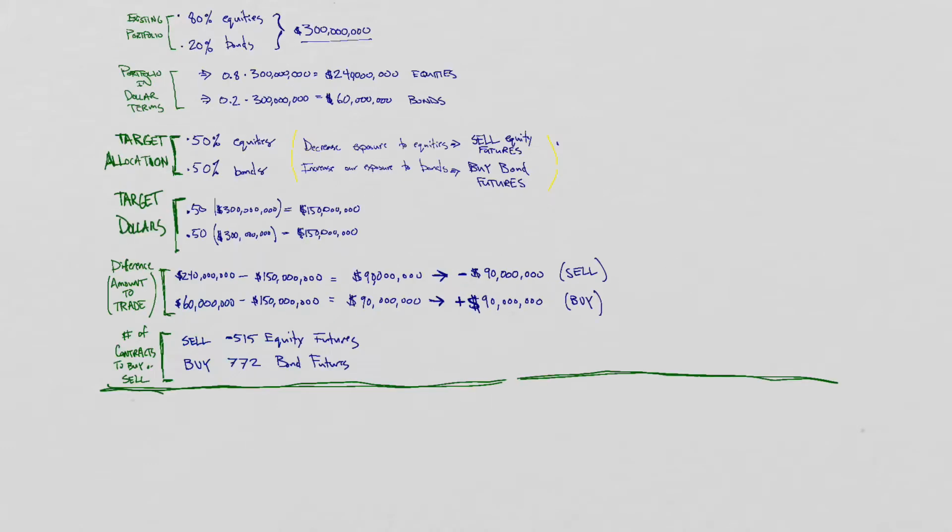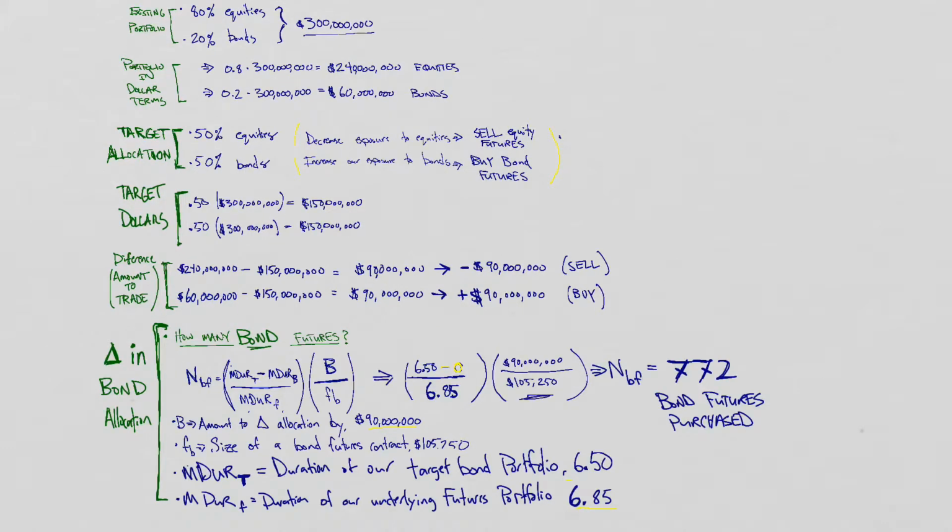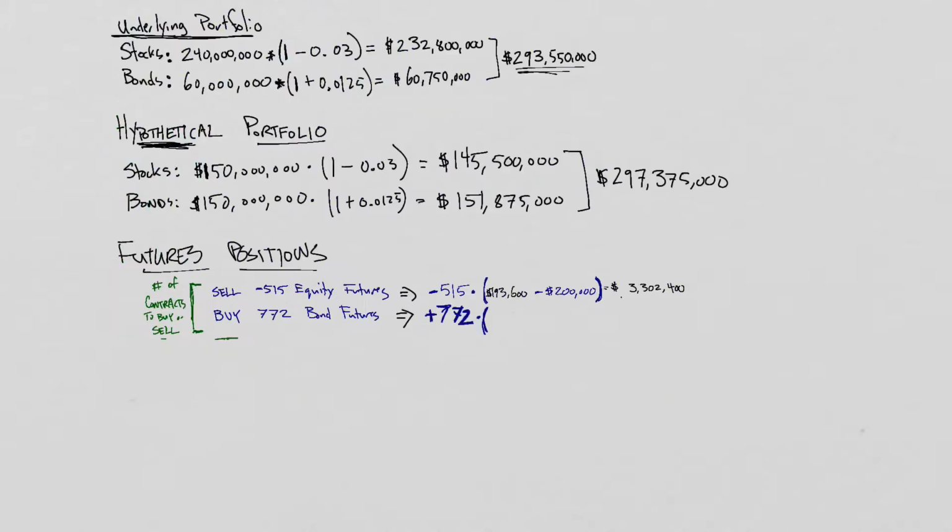Each bond futures contract was worth $105,250. So that's what we bought at, $105,250.